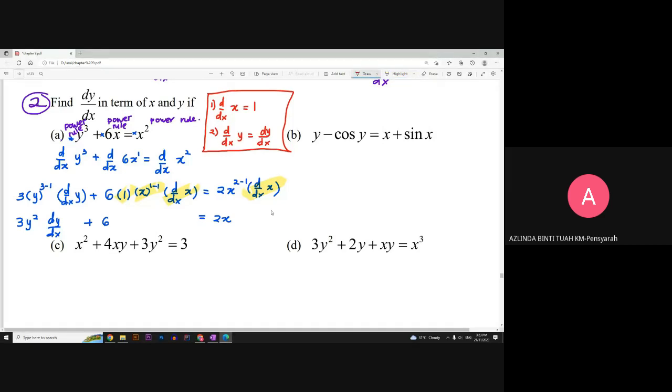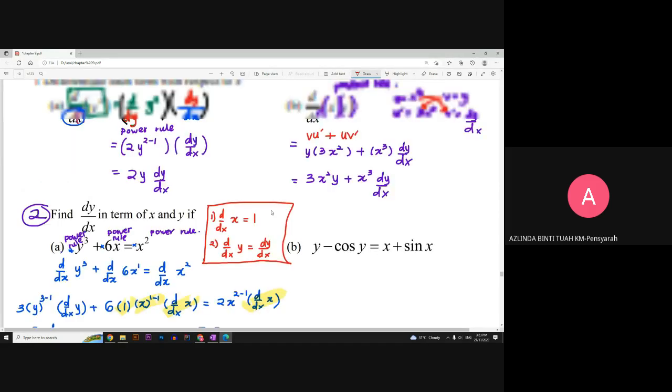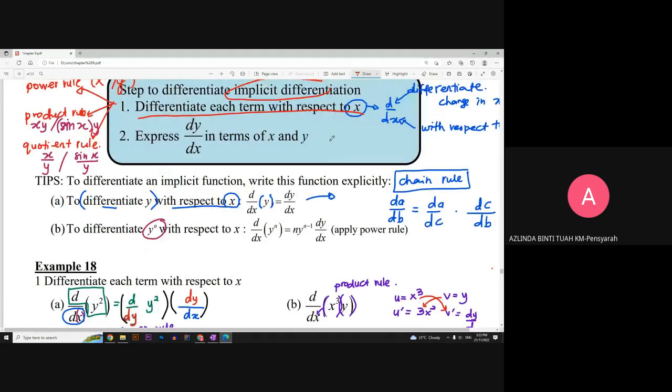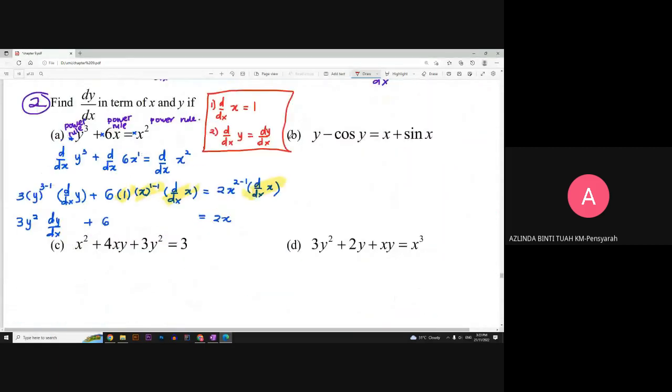Okay. So the second step after we've done with all the process of differentiating, kita perlu tulis dy per dx in terms of x and y. Therefore, I'm going to continue it here. Dy per dx. Okay, move everything else one by one carefully.